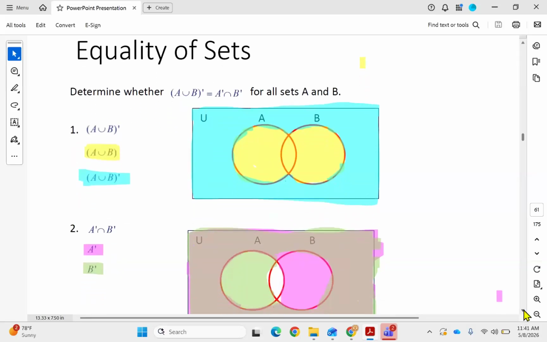And the intersection of those two would be the combination of colors, green and purple, which actually I'm putting in brown. So notice how the brown area is exactly the same as the blue area. Because in the diagrams, it gives you exactly the same area. This is how you would show that these two are equal.